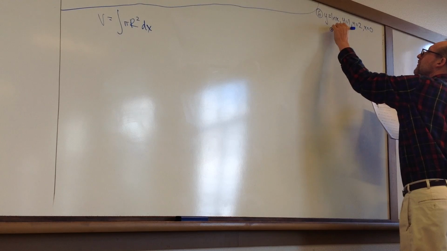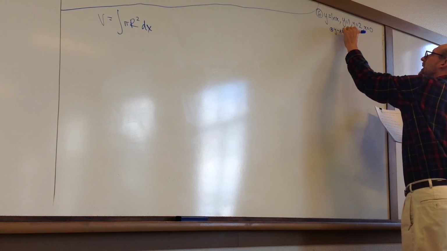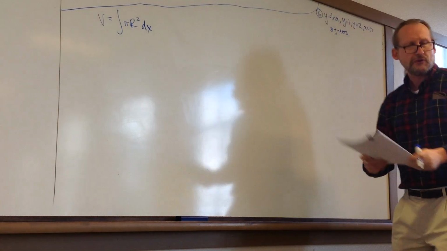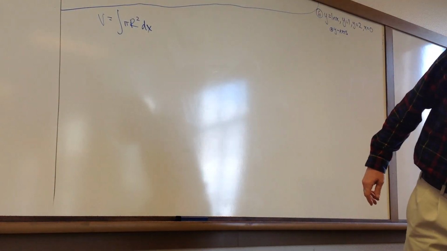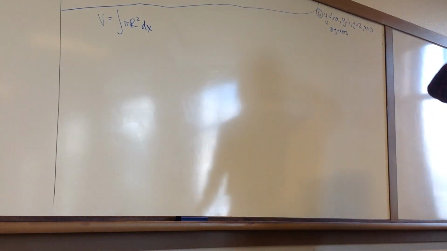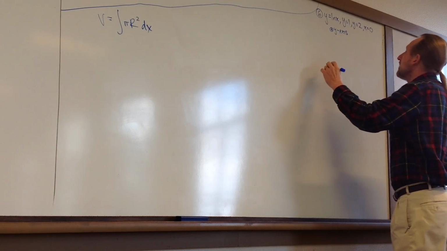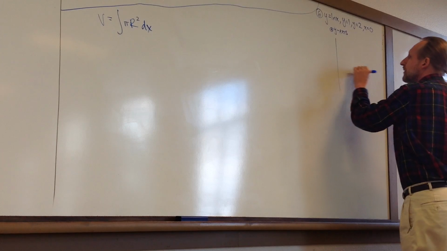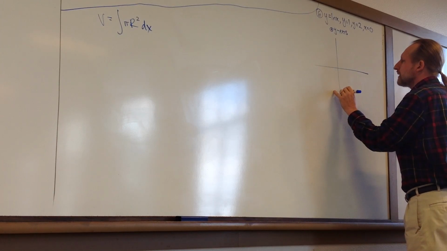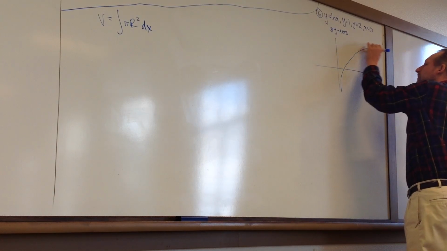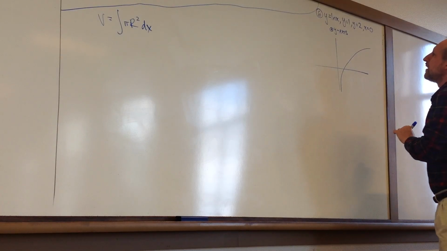And then we want to rotate this around the y-axis. Okay. So again, first off, if you want to use your graphing calculator to see what this graph looks like, I think that's a good idea. It's really helpful to get a good sketch of what's happening. So the y equals ln x is going to look something like this.